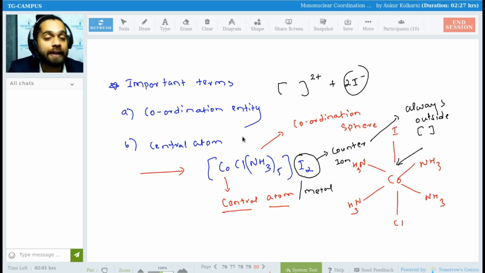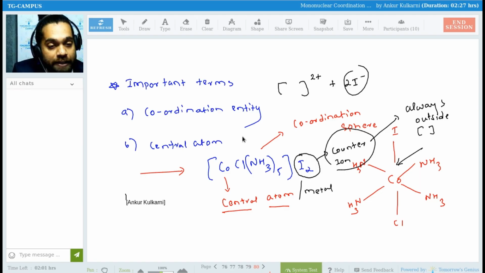Now, whatever is written outside the square bracket, Anthony, is called a counter ion. So for example, I have a whole square bracket that I will write as A. I have counter ion that I will write as B. So I have an AB2 type of complex.